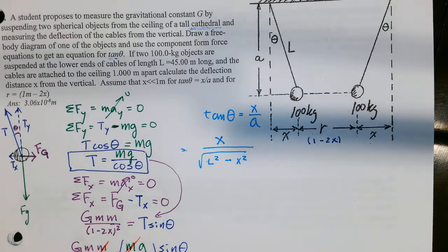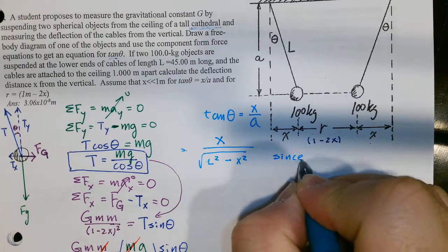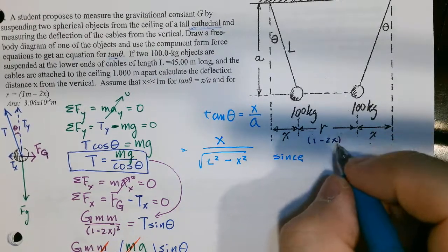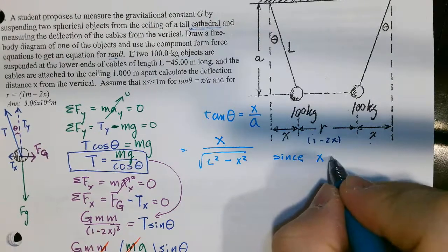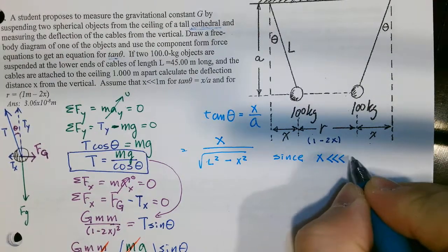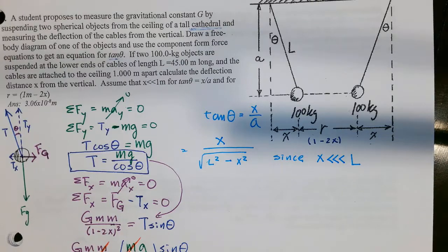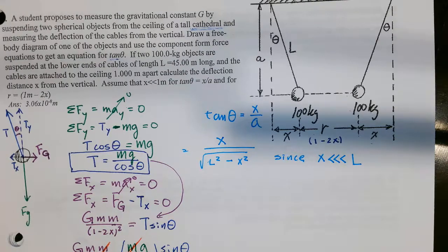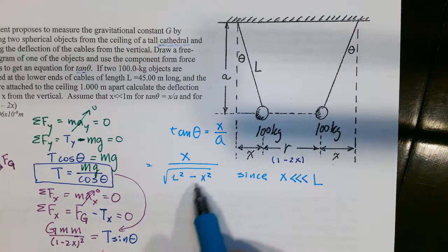And since X is much smaller than L, you could consider X squared to go to 0.